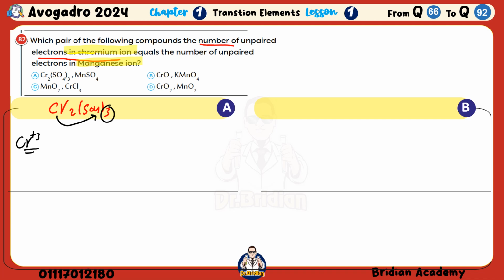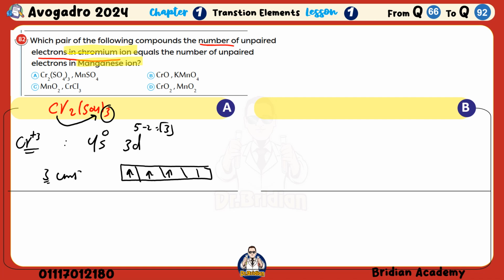Okay, in chromium positive 3, argon 18, 4s will be 0, then 3d will lose 2 electrons. Firstly, we know that 3d will be 5, lose 2 electrons, it will be 3. So 3d3, if you draw the orbitals, you have 3 unpaired electrons.